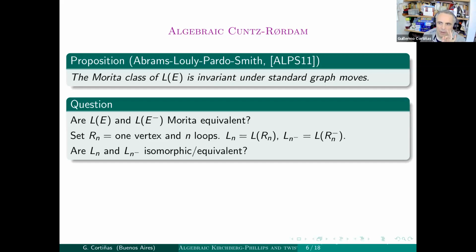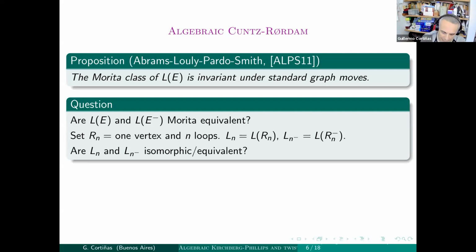Notice that it is easy to see that the Bass-Franks group of R2 and of R2 minus are both 0, right? So an isomorphism between the zero groups takes the class of 1, which is 0, to the class of 1, which is 0.